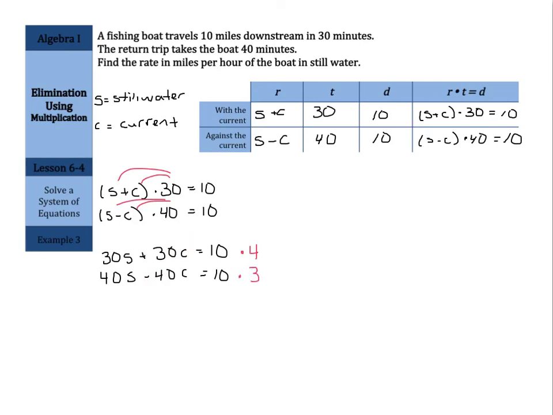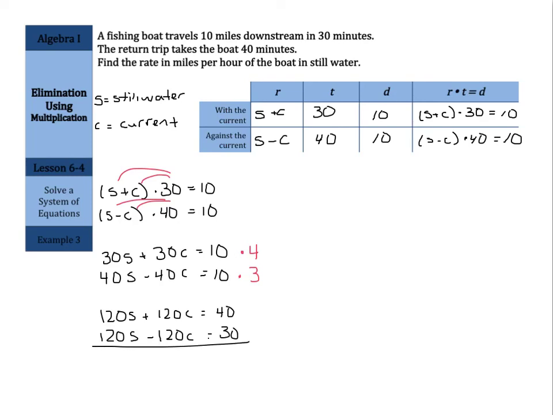If I multiply this top equation by 4 and the bottom equation by 3, I would have 120s plus 120c equals 40. Multiply the bottom equation by 3, I would have 120s minus 120c equals 30.